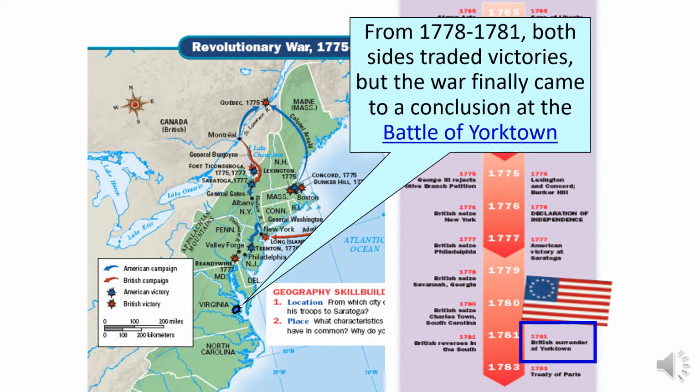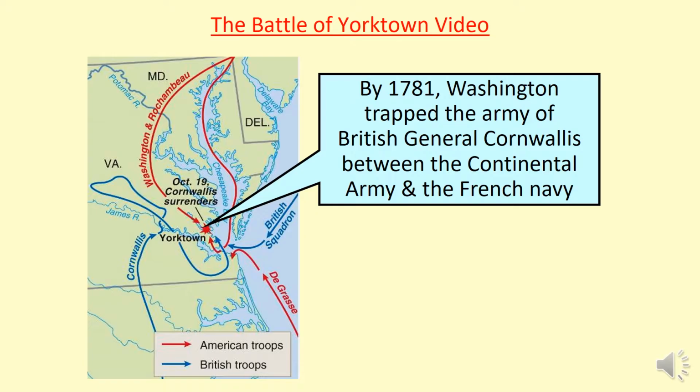From 1778 to 1781, both sides traded victories, but the war finally came to a conclusion at the Battle of Yorktown. By 1781, Washington trapped the army of British General Cornwallis between the Continental Army and the French Navy. So Cornwallis makes a terrible decision and puts his troops on a peninsula where he's got ocean on three sides of him, and so he's trapped.